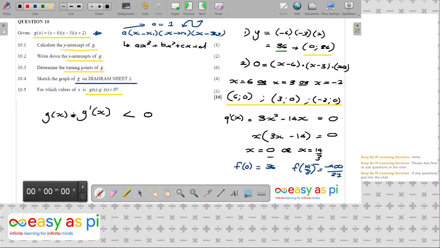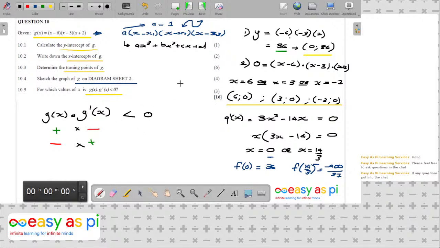Now, whenever I am doing a multiplication, if I want a negative value, the combination I would need is a positive value for g of x and a negative value for g dashed of x, because remember that will give me less than 0. Or I would need a negative multiplied by a positive, because those are the only two combinations that give me less than 0.